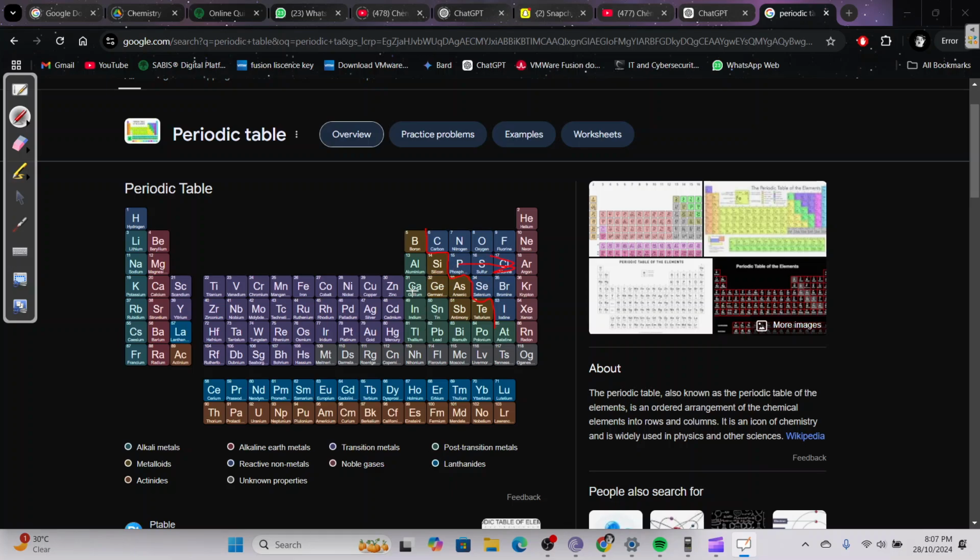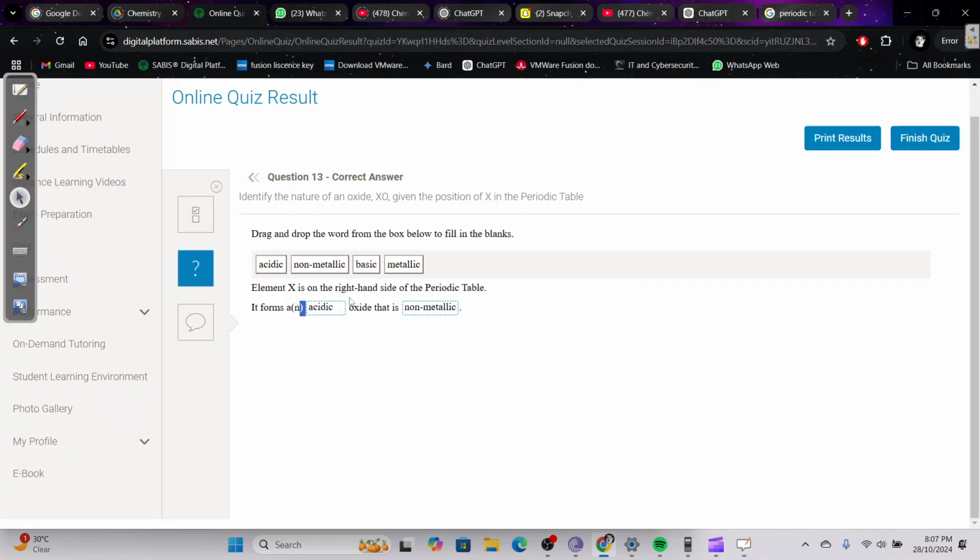To the right of it is non-metal. To the left is metals and transition metals. So that's all you need to know. If it's on the right hand side, it's a non-metal. Straight away you put that it is non-metallic. And now that you know non-metallic oxides are acidic oxides, you write that it forms an acidic oxide.